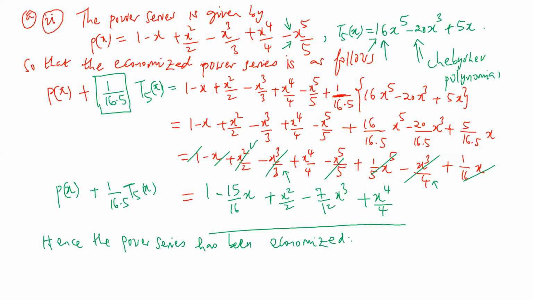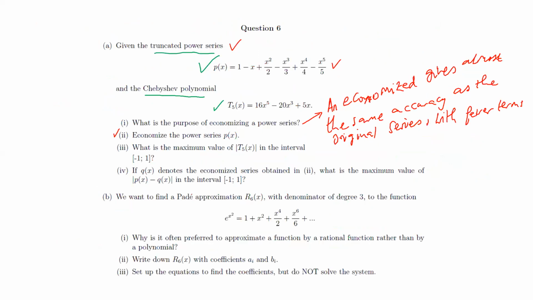All right, next, we look at the next question, and the next question is Roman figure 3. What is the maximum value of t sub 5 of x in the interval? What is the maximum value of the Chebyshev polynomial?